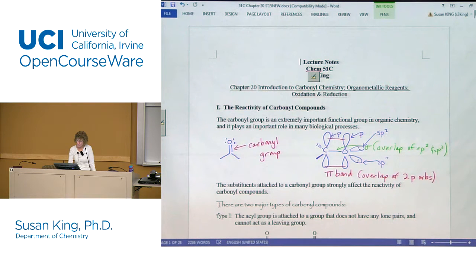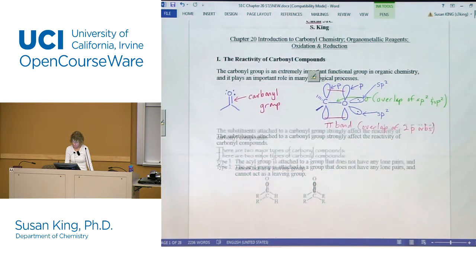So when we hybridize one s and two p's, we get three sp2 orbitals. One of those sp2s overlaps with carbon to make a sigma bond, and the other two hold the lone pairs. And then we have an unhybridized p orbital, which makes the pi bond. Okay? Questions? I know it's been a while since we've done that.